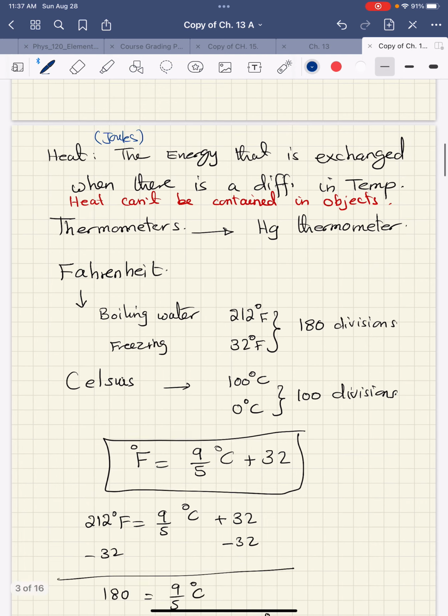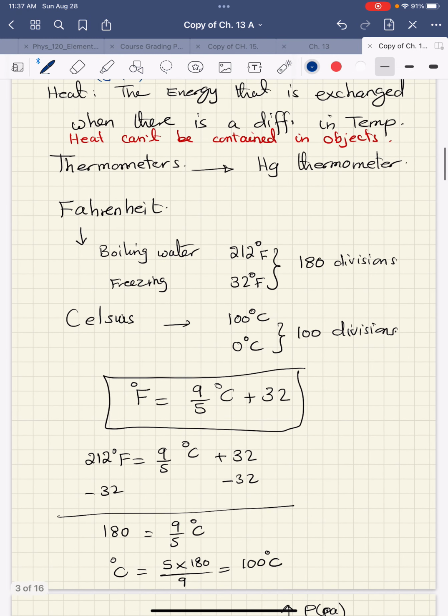Now for temperature scales, the first one was Fahrenheit, and it considers boiling water at 212 degrees Fahrenheit, and freezing at 32 degrees Fahrenheit. Here you can see that for Fahrenheit, we have 180 divisions.